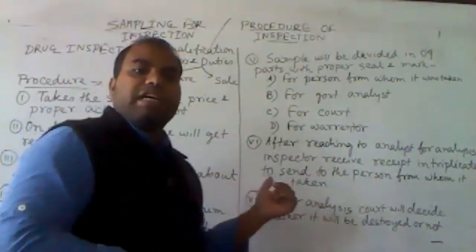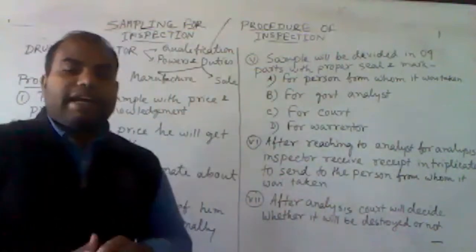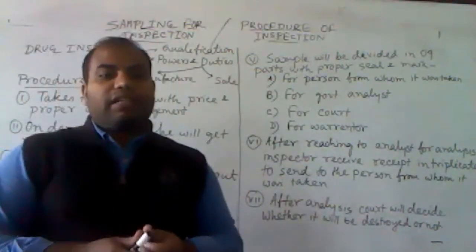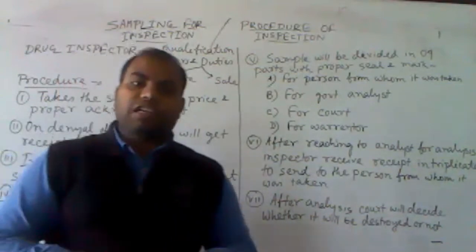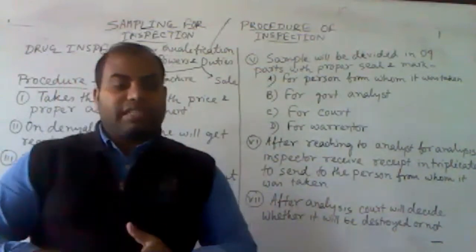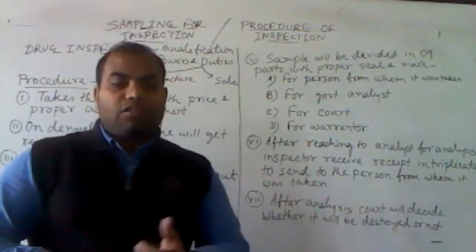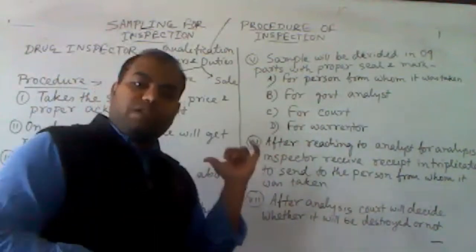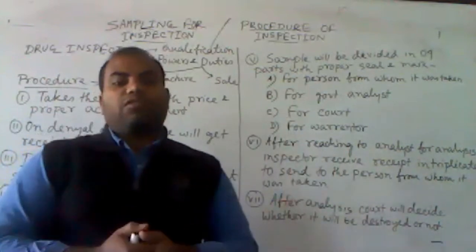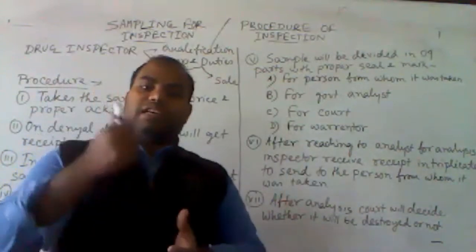Okay, so inspection is done by the drug inspector, and the drug inspector is appointed under the Drug and Cosmetic Act 1940, fixed for each district, and there are some qualifications. I have made a video on the qualifications also. I have made a video for the duties and powers also, link also given in the description box as well as in the suggestion section.